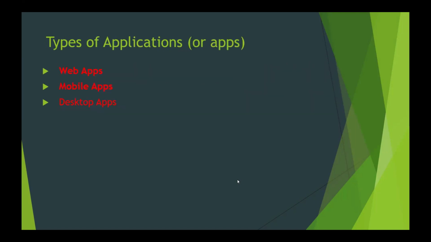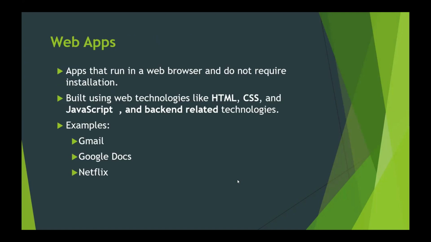Now, the second concept, types of applications: web app, mobile app, desktop, and so on. As we discussed earlier, a web application is software that can be executed by a web browser.